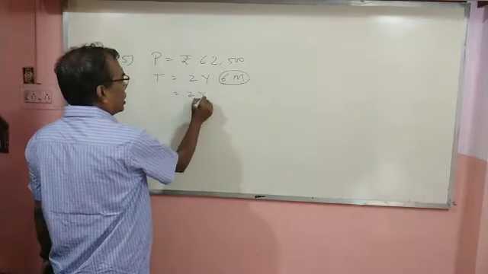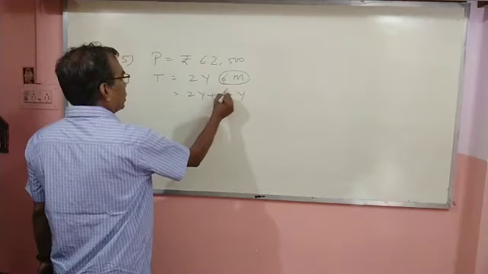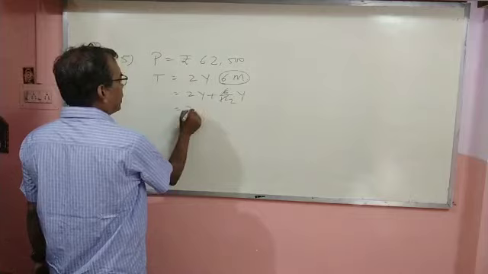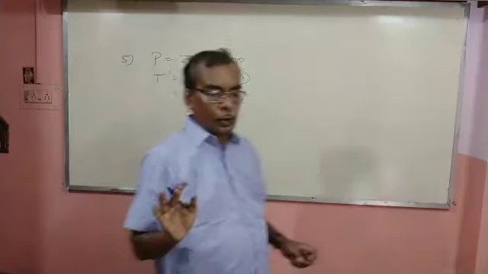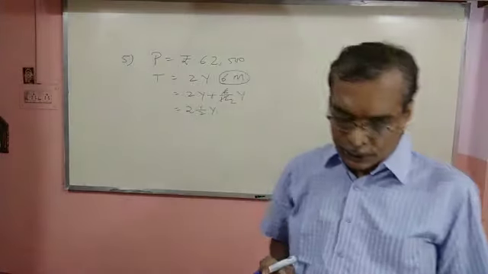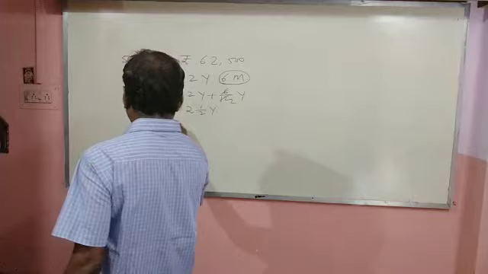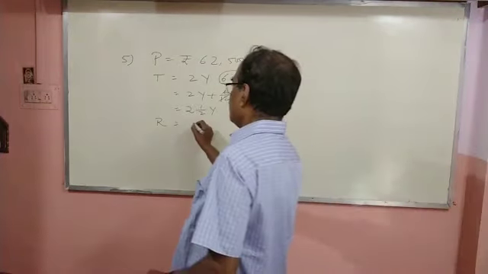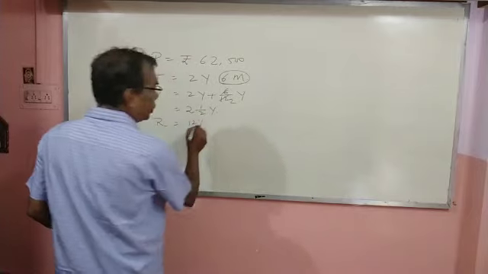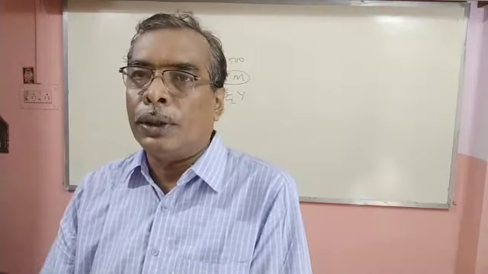So 2 years plus 6 months means 6 by 12 year. This will cancel, so you can say it will be 2 1 by 2 years, put in mixed fraction form. And the rate of interest is given as 12%. We have to find two things here: one is the compound interest amount, another one is the compound interest.